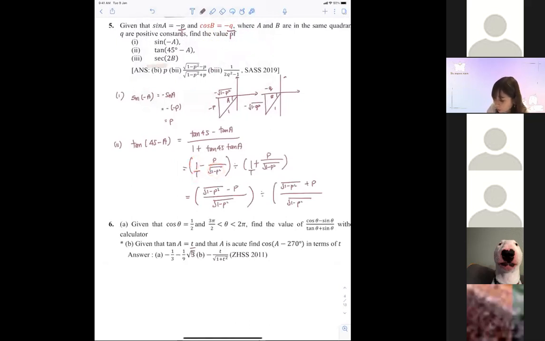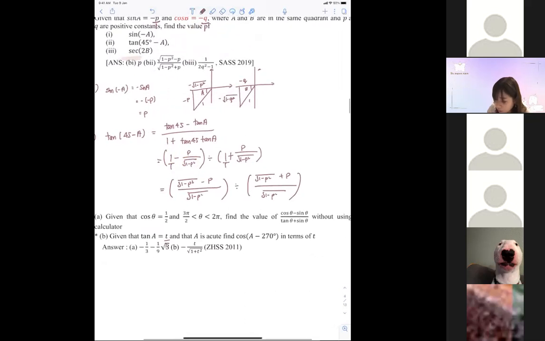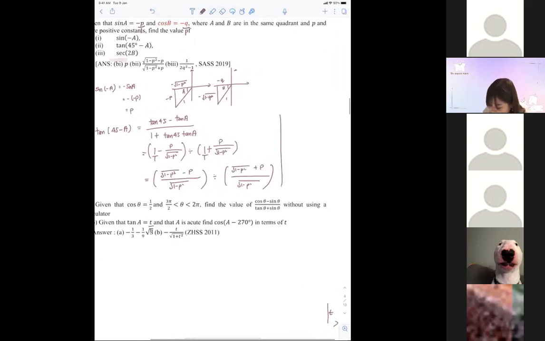Once you combine them into one fraction, you can flip. Change to times, you flip. This is the same thing, you can cancel, you're left with the answer.